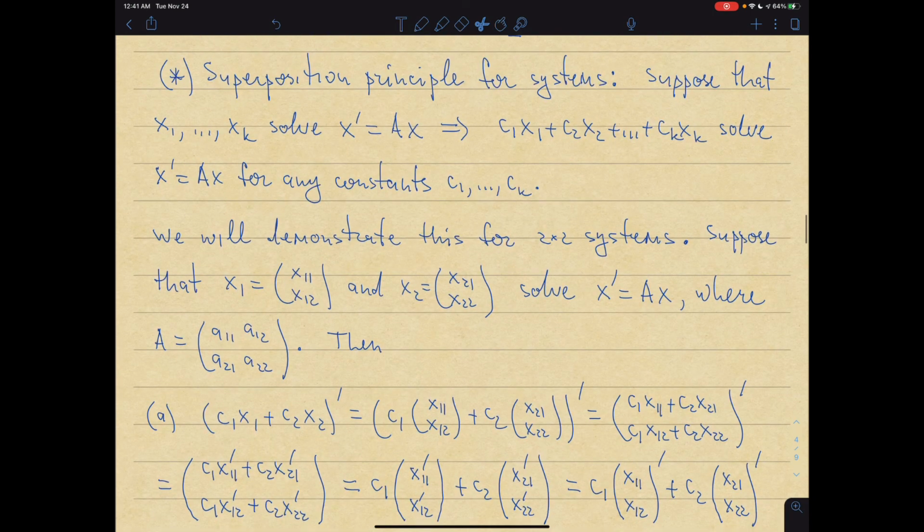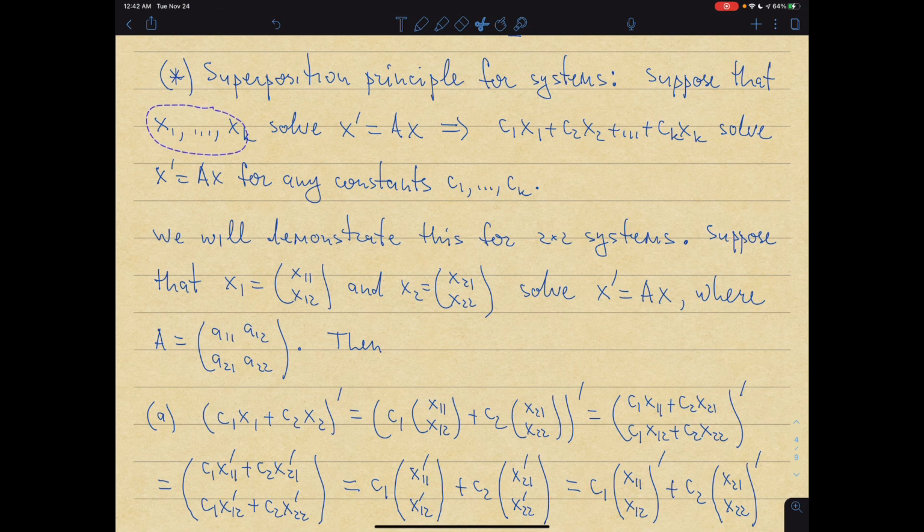Remember one thing that we had for homogeneous linear ODEs. The solutions satisfied the superposition principle. If I take a linear combination of solutions, so if I have a bunch of solutions, x1 through xk, multiply them by constants, add them together, then the outcome still solves the original equation.